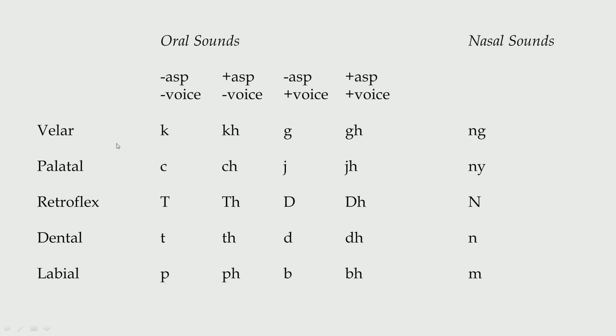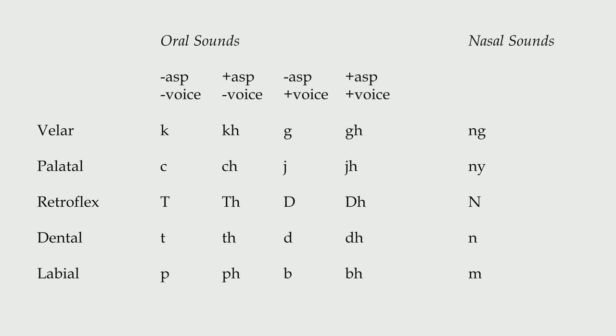Now we are going to look at this whole chart horizontally, and we want to see how these sounds are different from one another. The difference horizontally between these sounds is according to their manners of articulation.